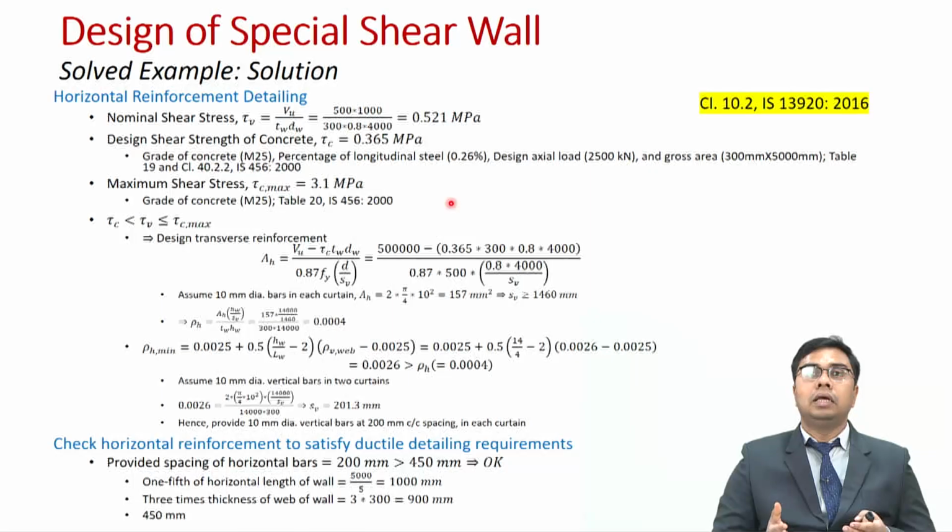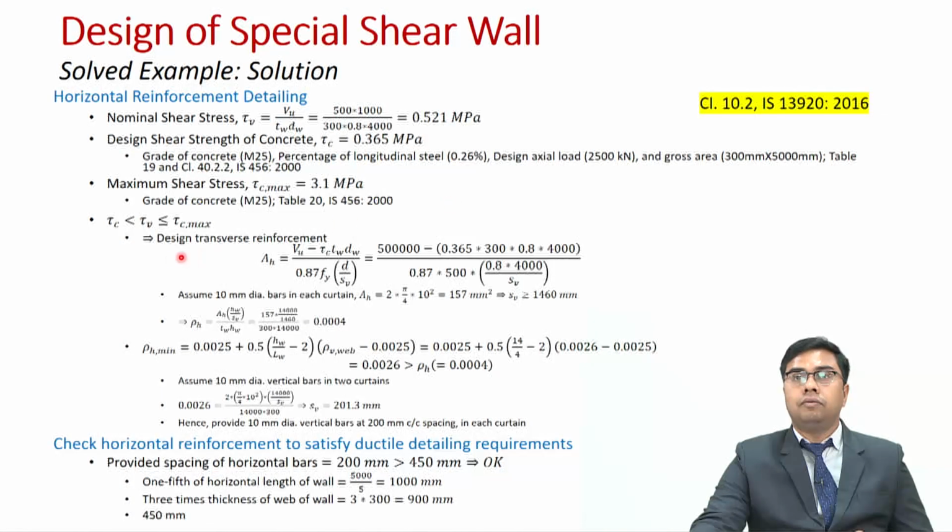What does it imply? It implies that the concrete itself is unable to carry this nominal shear stress. However, the section is suitable, but you need to design shear reinforcement for the balance shear.